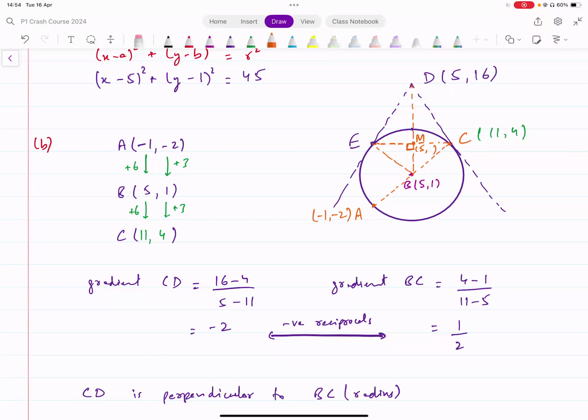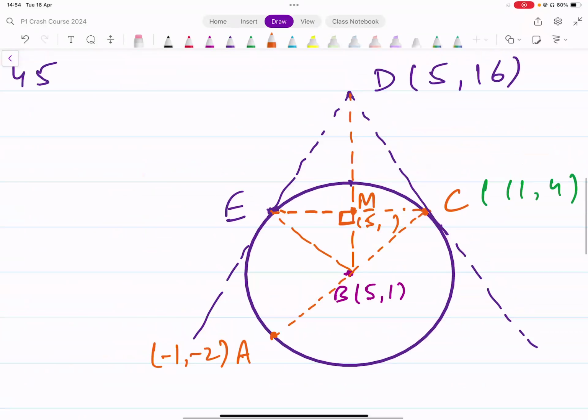What about the y coordinate, by the way? This is a horizontal line, right? Since BD is vertical and EC is perpendicular to that, EC is supposed to be horizontal. Now, if EC is horizontal, what that means is the y coordinates of all points on this horizontal line are going to be the same.